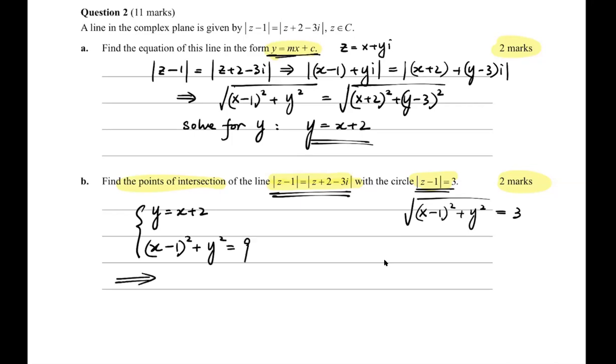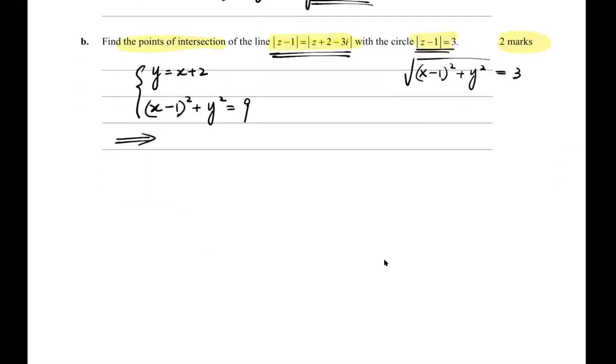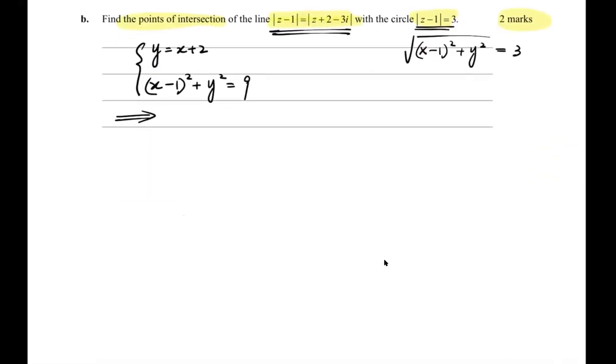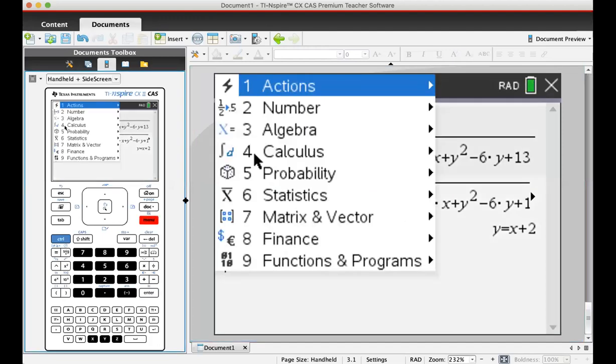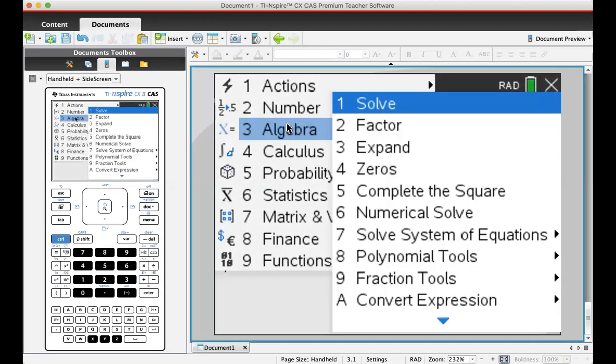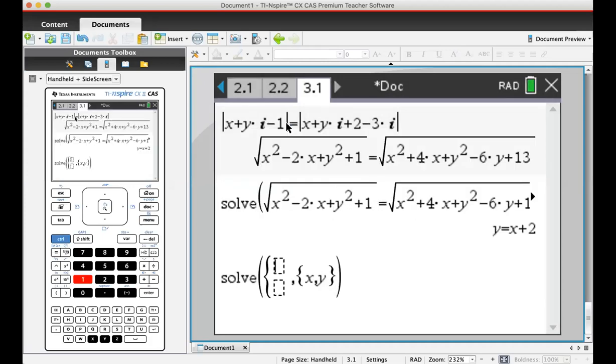We can solve simultaneously, and let's have a look. We should have menu, algebra, 7-1, two equations. The first equation, the second equation.